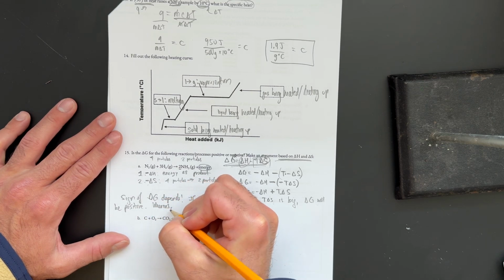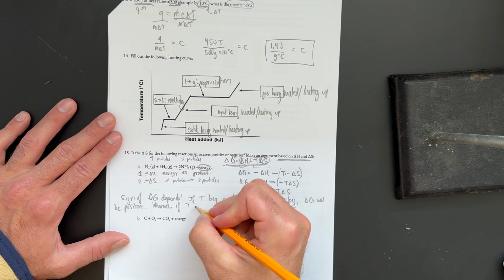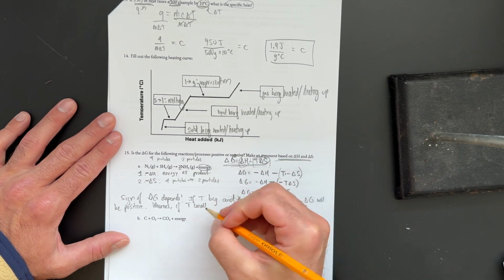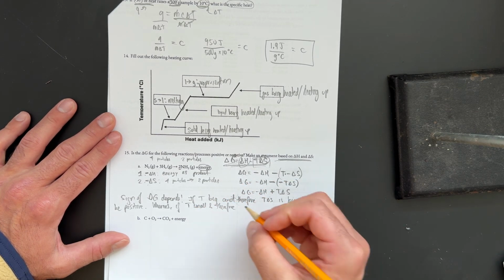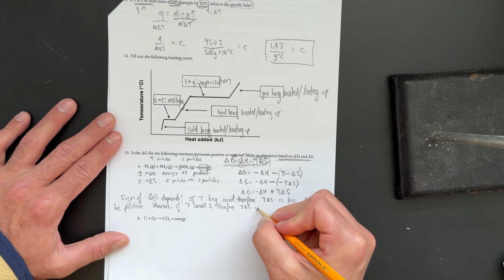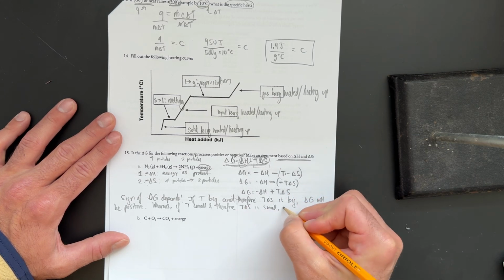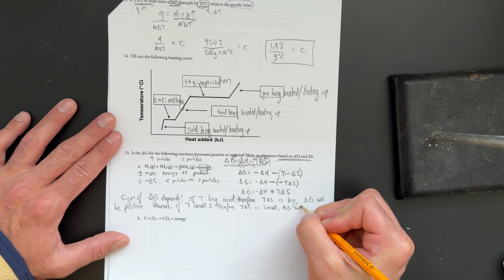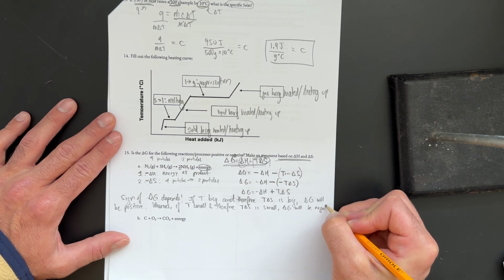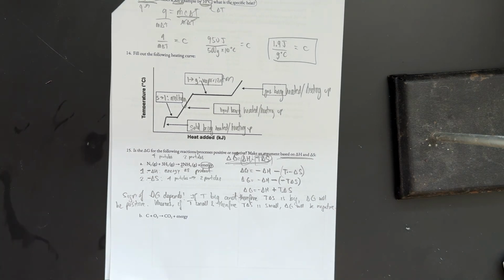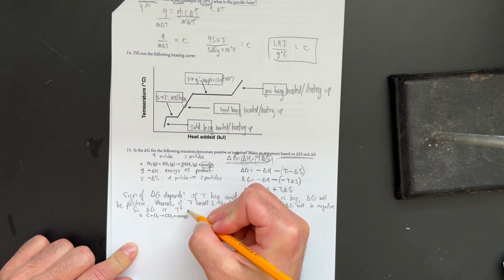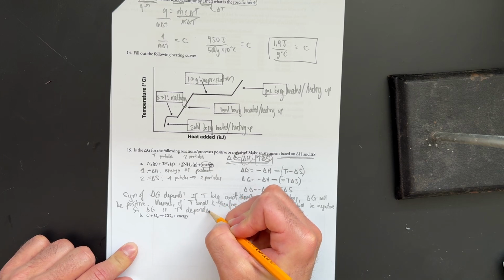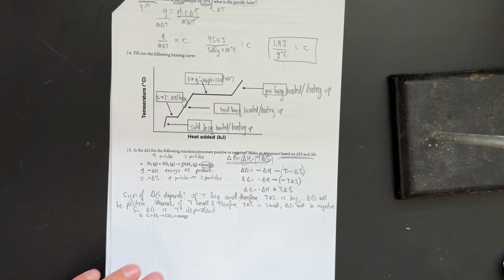Whereas if T is small, and therefore T delta S is small, delta G will be negative. So delta G is temperature dependent. And so that's how you would do that one.